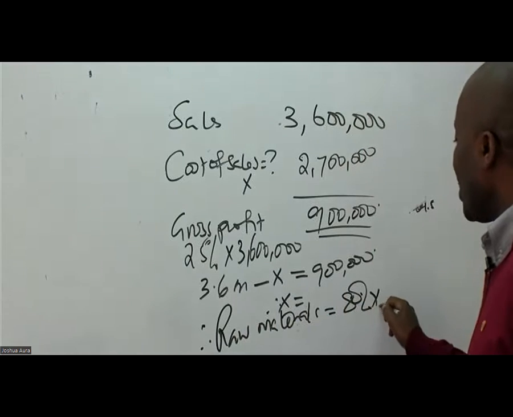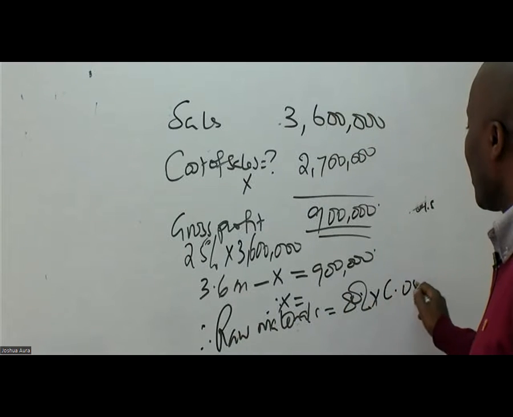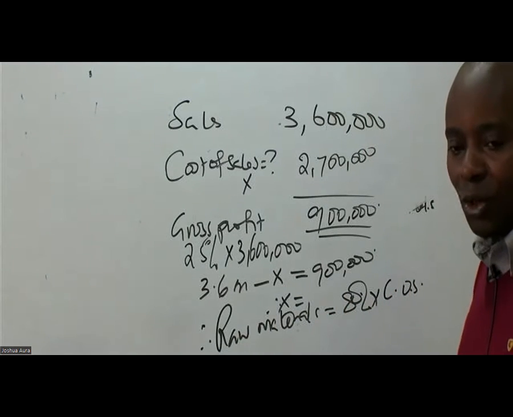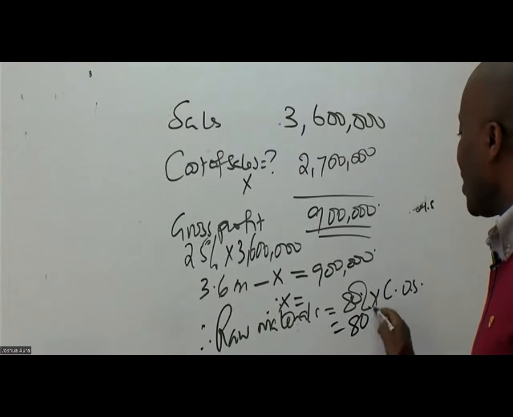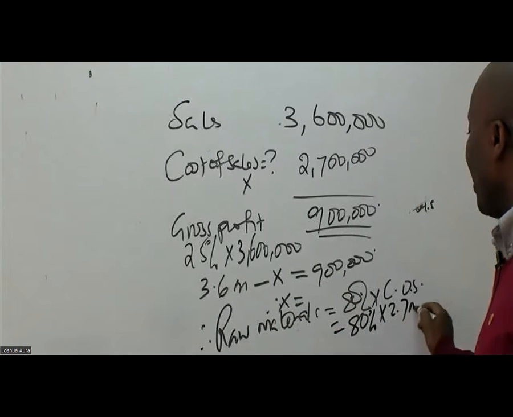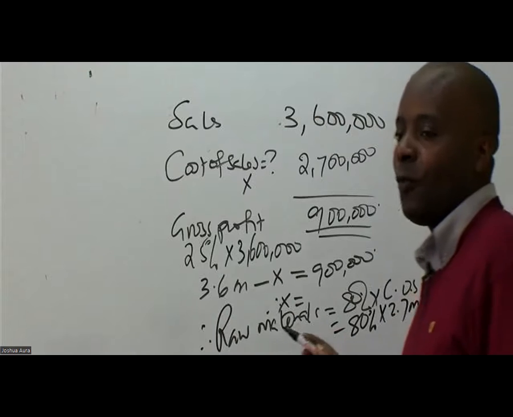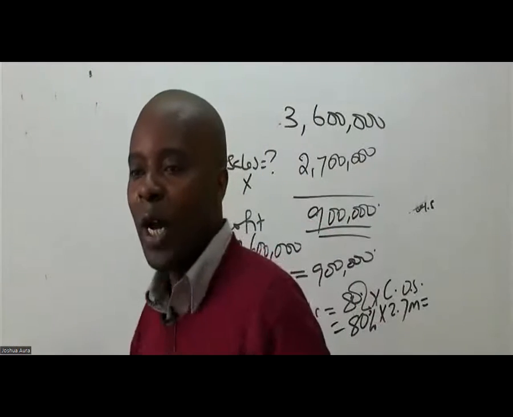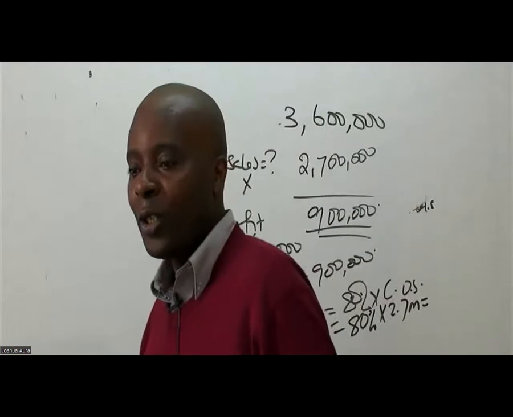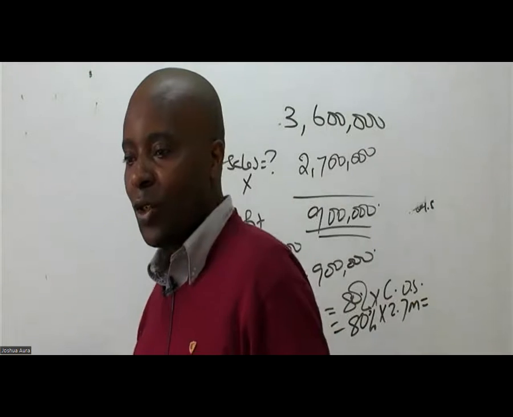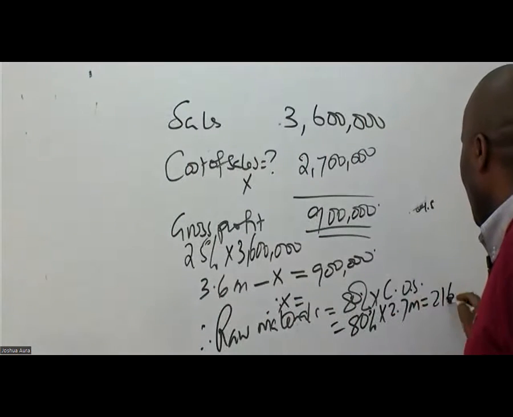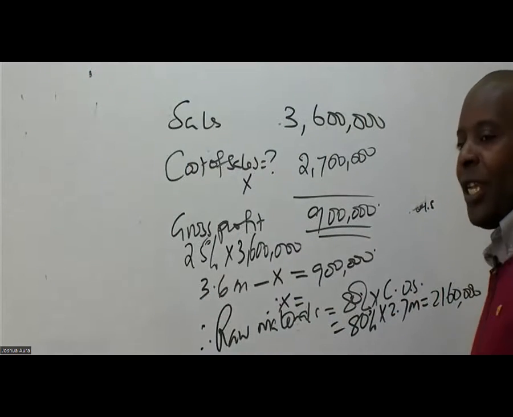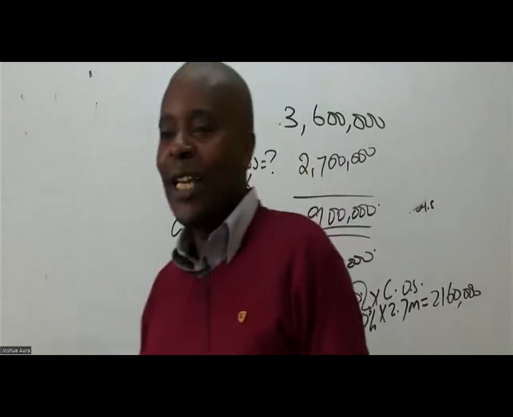It will be 80% of the cost of sales, so 80% of the 2.7 million, just for my workings, low-hanging fruits that I'm harvesting. Monica gives me a figure of 2,160,000.